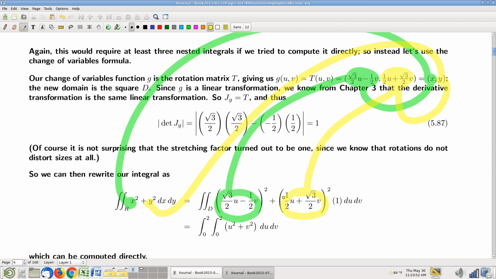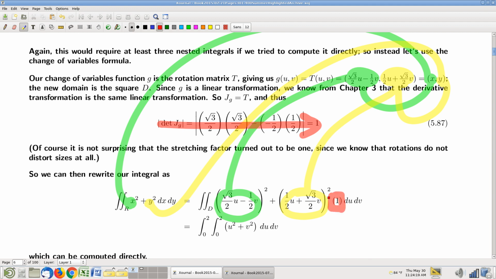Reminder, what do you plug in? The things that you plug in for x and y are given in the change of variables function. The change of variables function tells you exactly how to plug in for those things. So that's always where you look. Find the change of variables function. That's your source for plugging in. Don't forget your stretching factor, right, our stretching factor that we computed here.